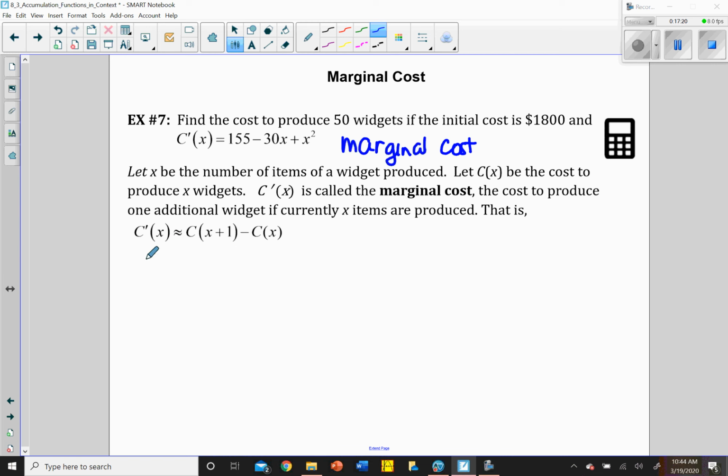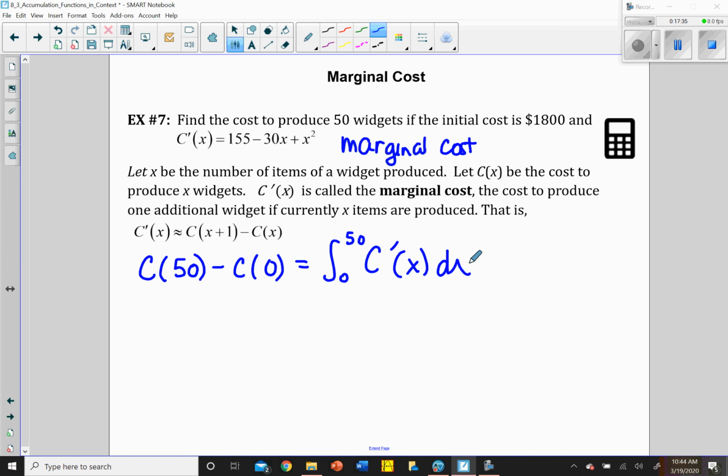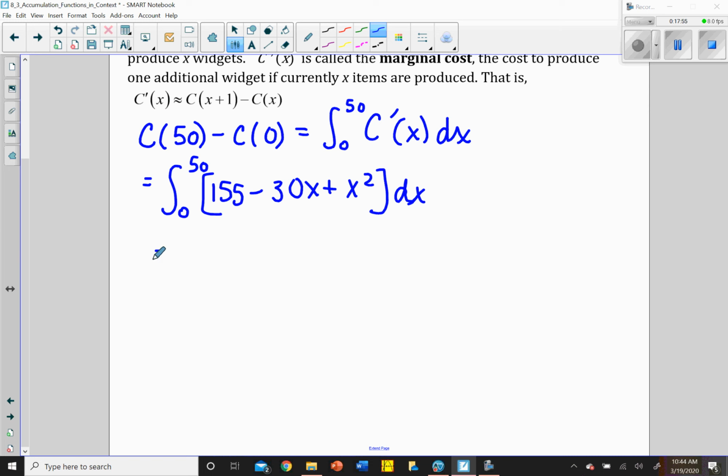So the 50 widgets would be C of 50 minus C of 0, which is the accumulation on that derivative. So from 0 to 50 of 155 minus 30x plus x squared dx. We'll do this with the calculator here in a minute.